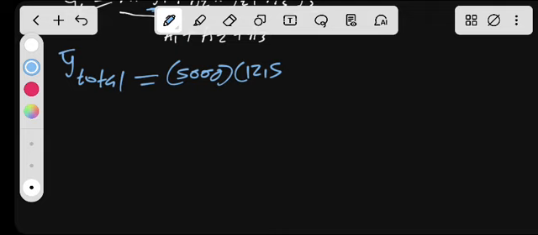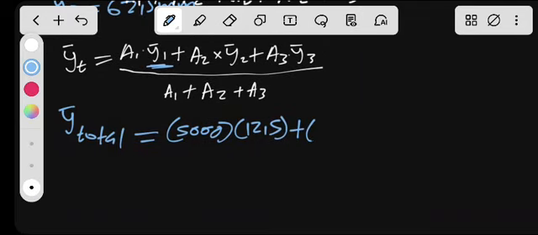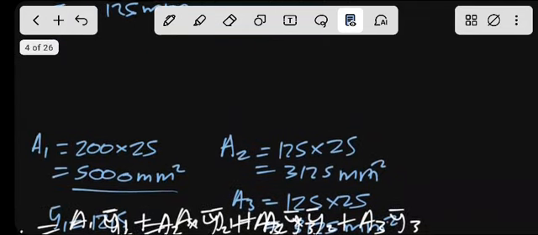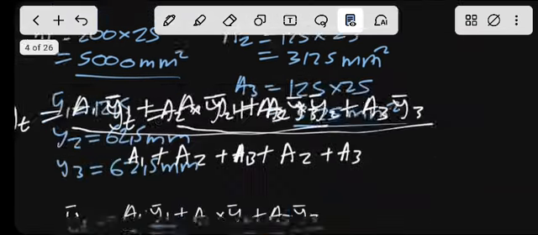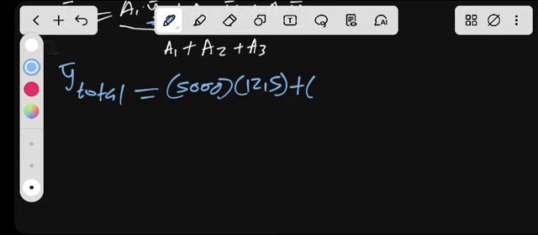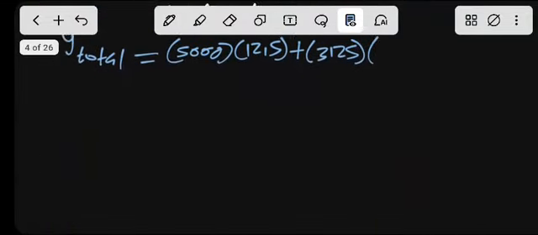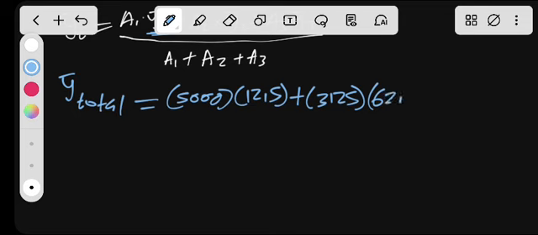Plus area 2, which is 3125, multiplied by y bar, which is 62.5. Area 3 is the same as the area of 2.